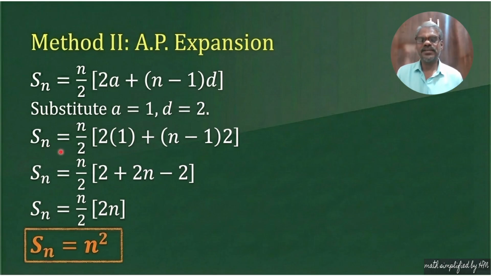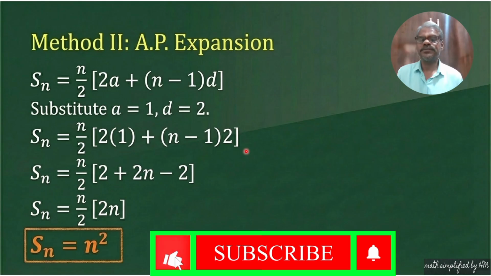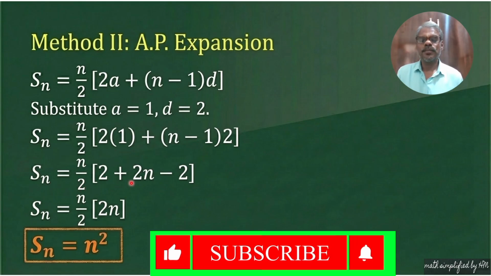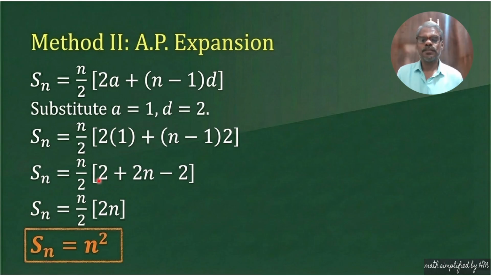So we get Sn = n/2 [2 × 1 + (n - 1) × 2]. Sn = n/2 [2 + 2n - 2]. Plus 2 minus 2 sums to 0, so they cancel out, and we get Sn = n/2 (2n). Again the numerator 2 and denominator 2 cancel each other, and we get Sn = n × n, giving n squared.